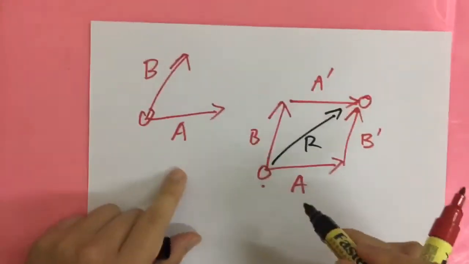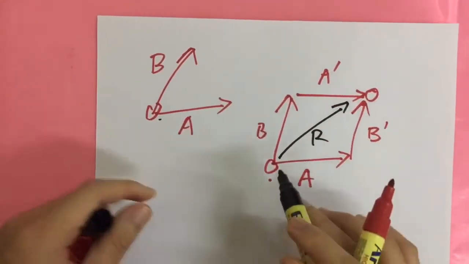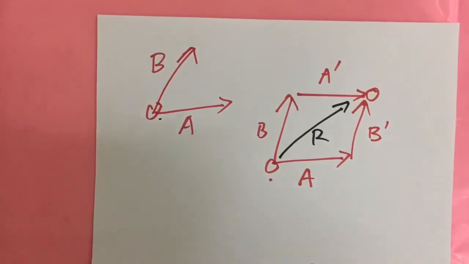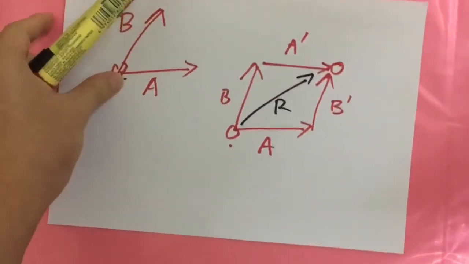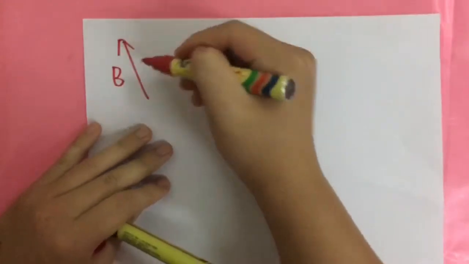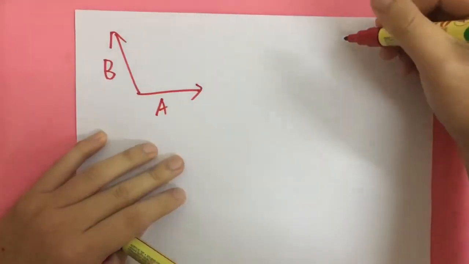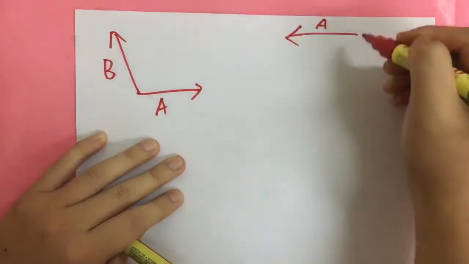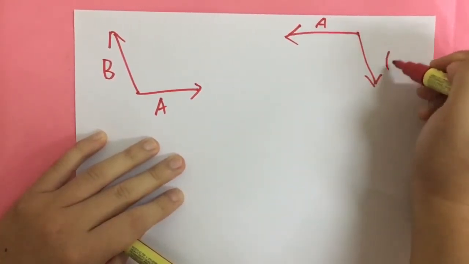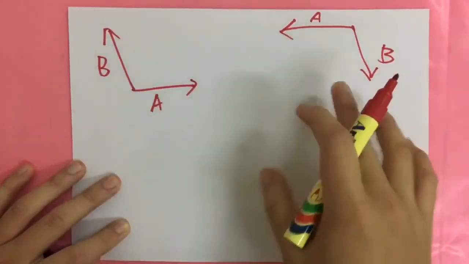So that's how you find the resultant when you have a B with an inclined angle and an A going in the positive x direction. I have another example which is also similar to this. We have two diagrams: A going in the positive x direction with B going up, and A with B going down. Both of these diagrams are actually similar.